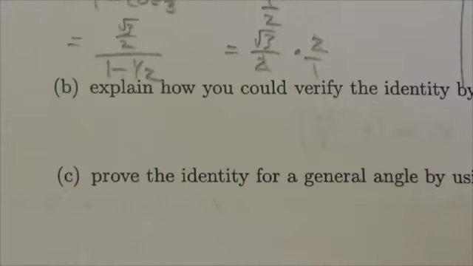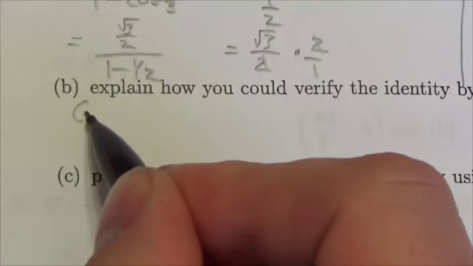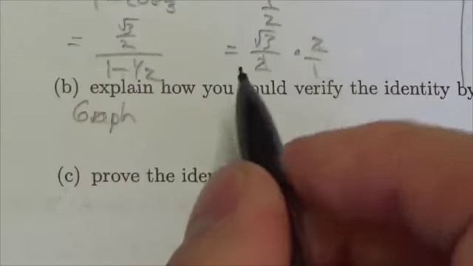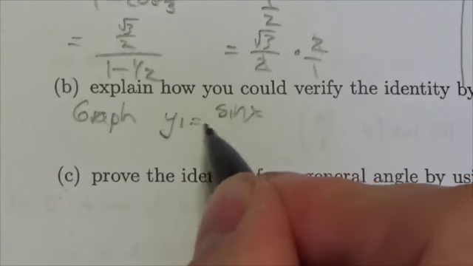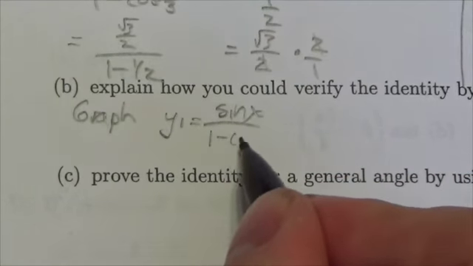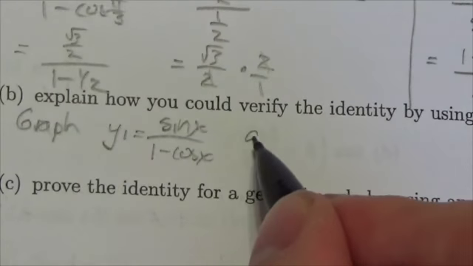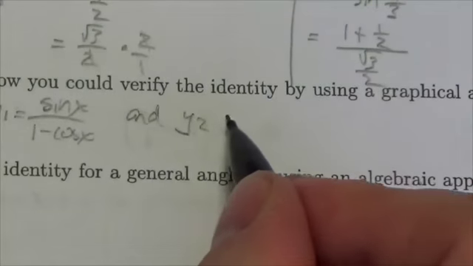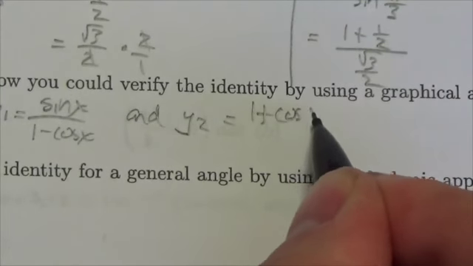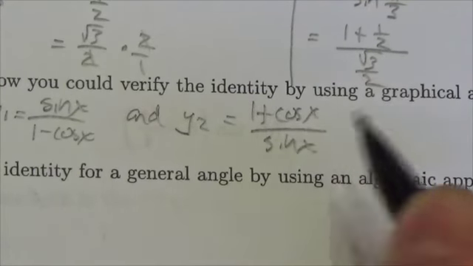And really what they want you to do here is this. What we're going to do is graph, let's say, y1 is equal to the sine of x over 1 minus the cosine of x, and y2 equal to 1 plus the cosine of x over the sine of x.